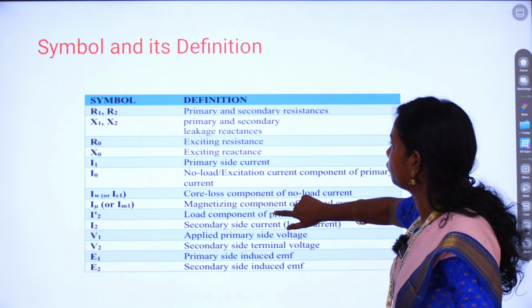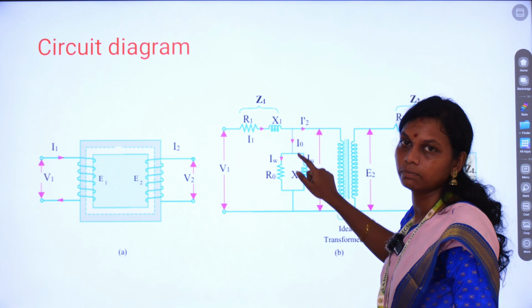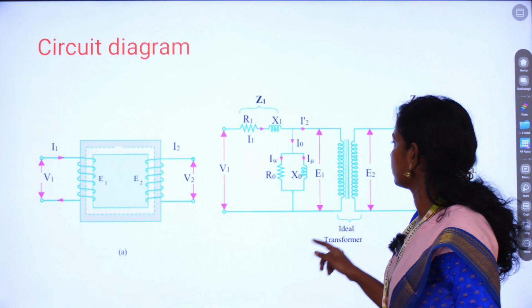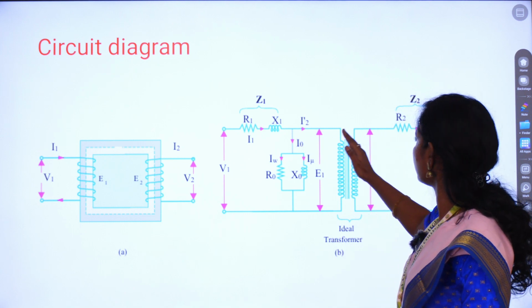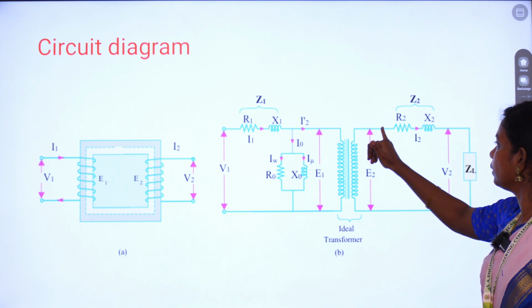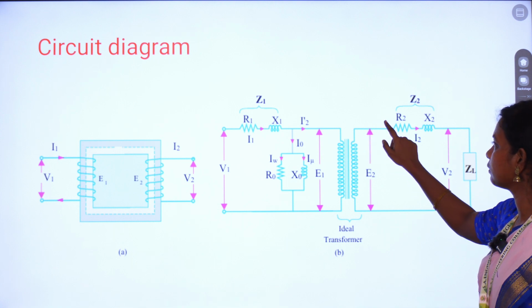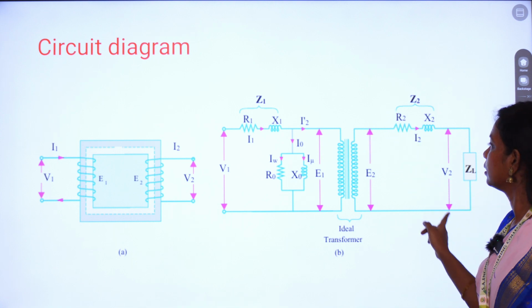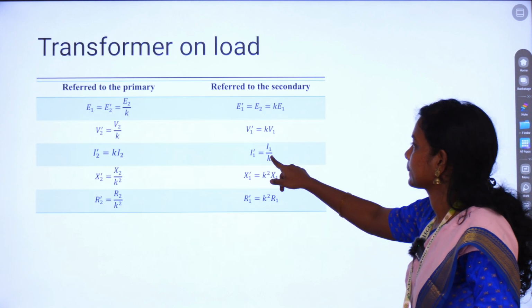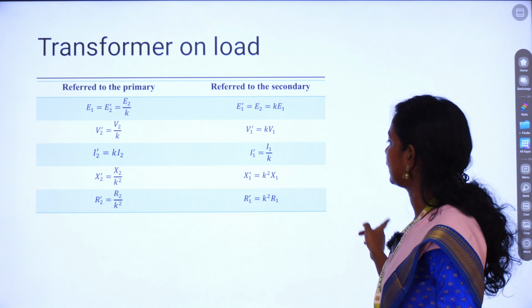So what is the formula for I2 dash, which is I2 divided by K square? Okay, this is the remembrance. If you are referring I2 dash here, I1 dash here, it will be multiplied by K, and I1 divided by K.